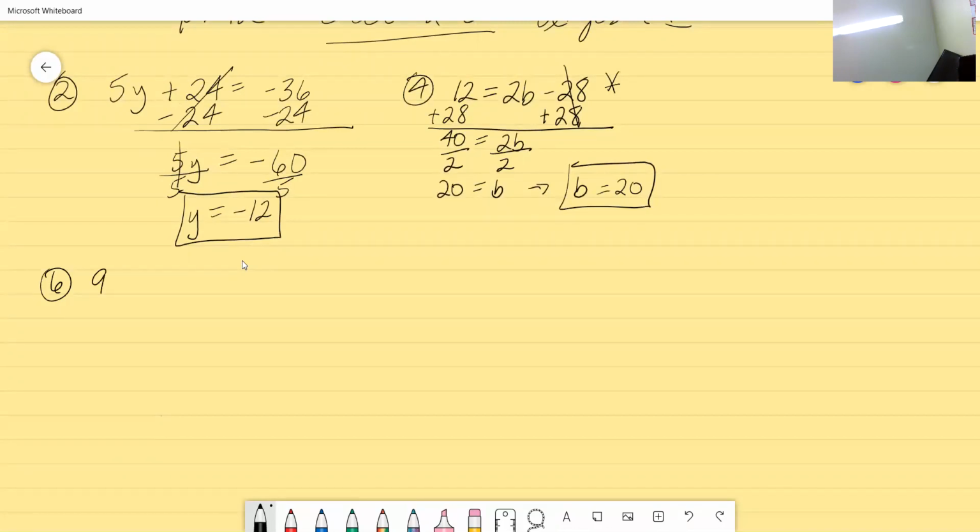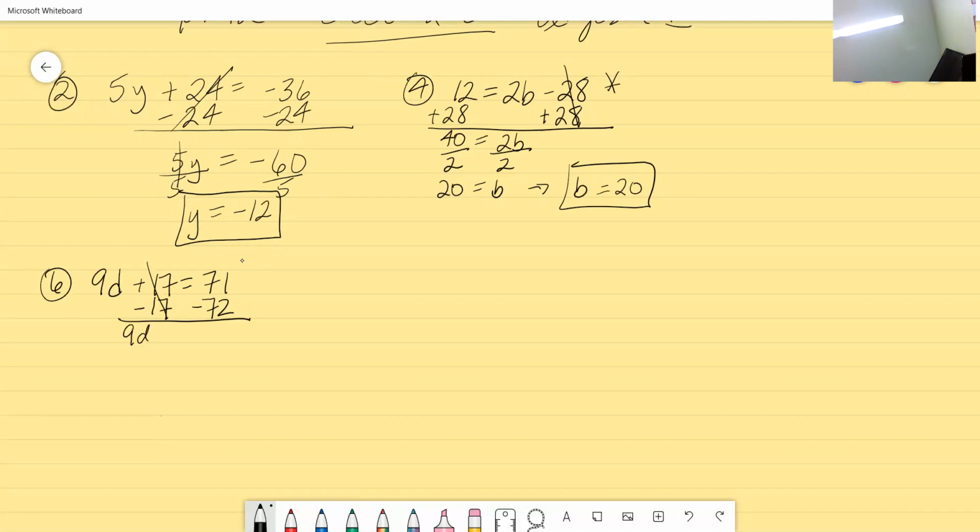So number 6, they give us 9d plus 17 equals 71. Okay, so you see a pattern here. Order of operations, we add the inverse of 17, so negative 17 to both sides.